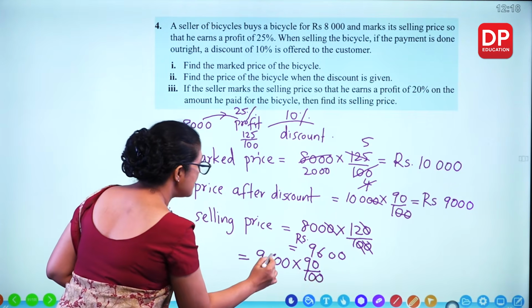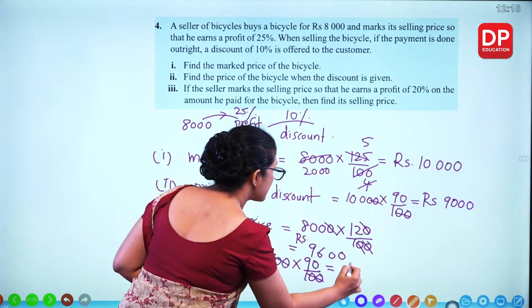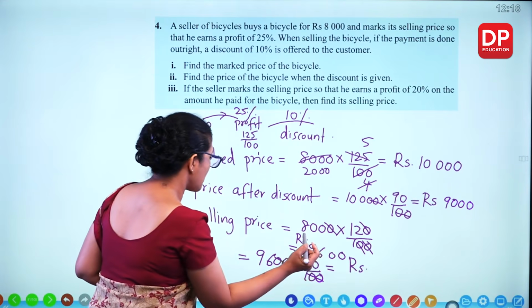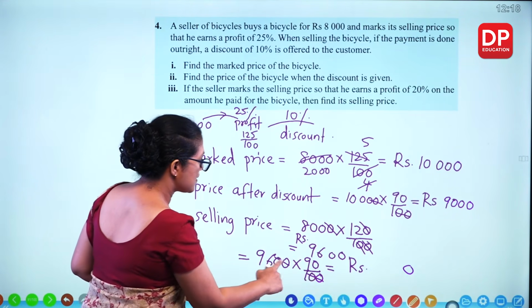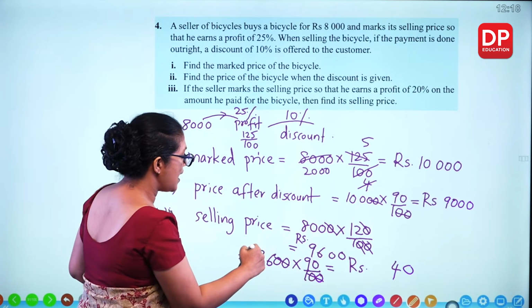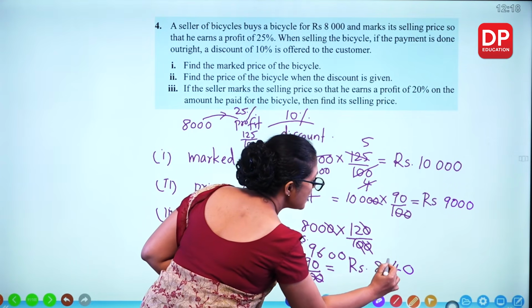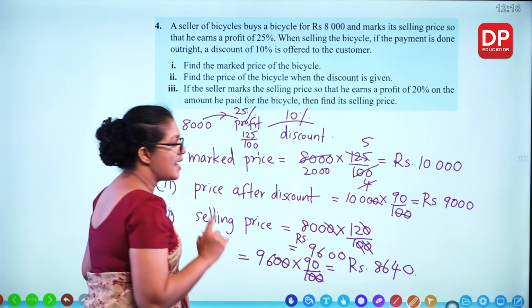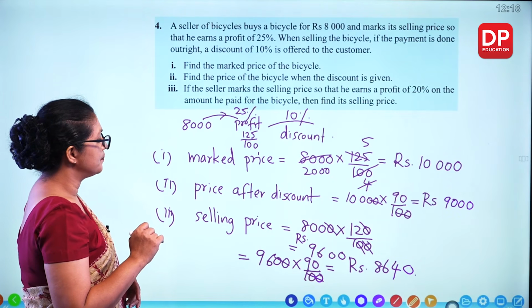So that's the selling price. You get 0 here. 9 times 6, 54, and 9 times 9, 81, plus 5, 86. So the price is 8,640 rupees.